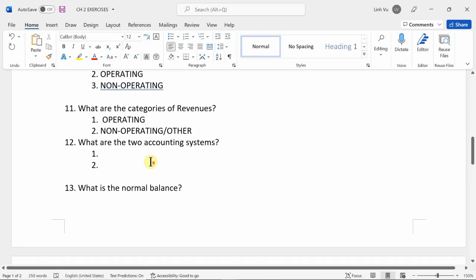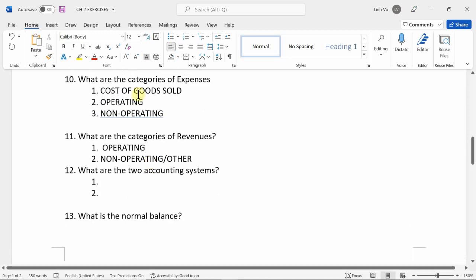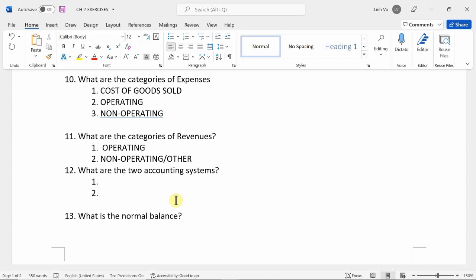Good. Number 12, what are the two accounting systems? Single entry and double entry.